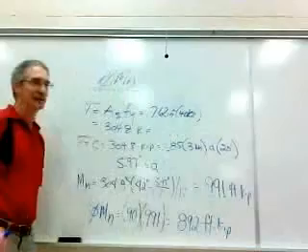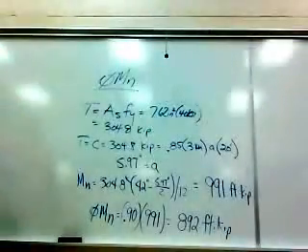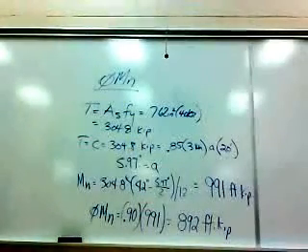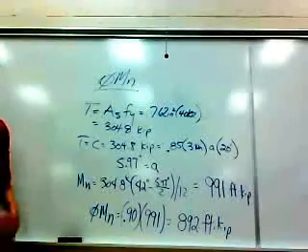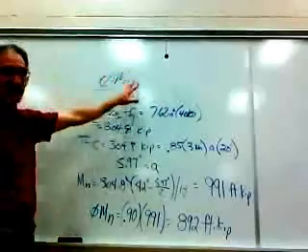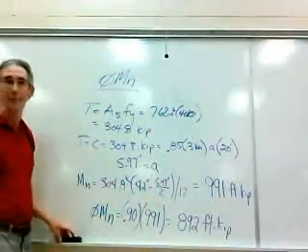So my design capacity of this beam that's 20 inches wide and has an effective depth of 42 inches, 6 number 10 bars, is 892 foot kips. All right? We got to compare that to Mu. Has anybody got any questions about this? Okay?